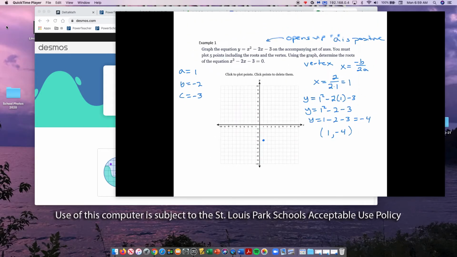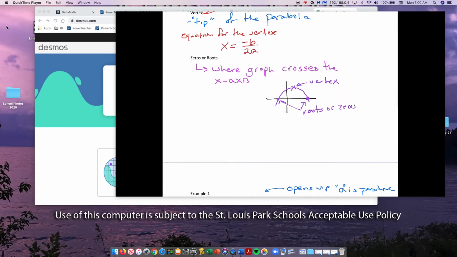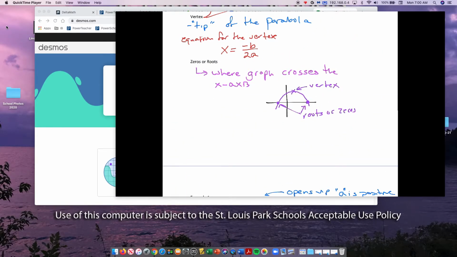Now, if you're graphing this in Delta Math, it says you must plot 5 points, including the roots and the vertex. Now the roots again are where the graph looks like this. It's also when y equals 0 for the equation.